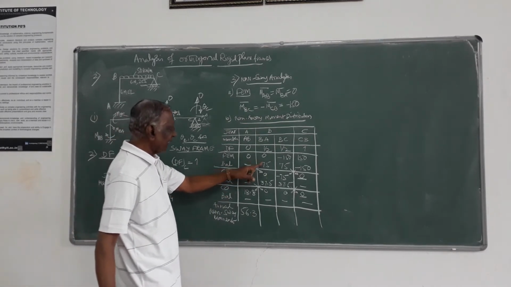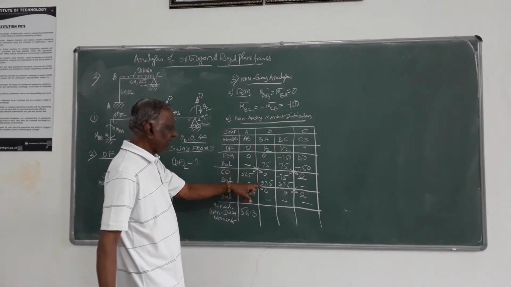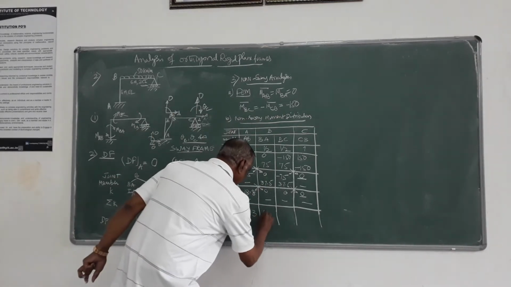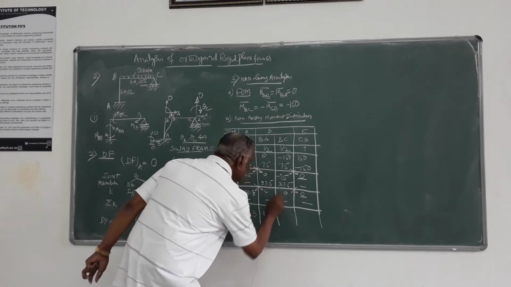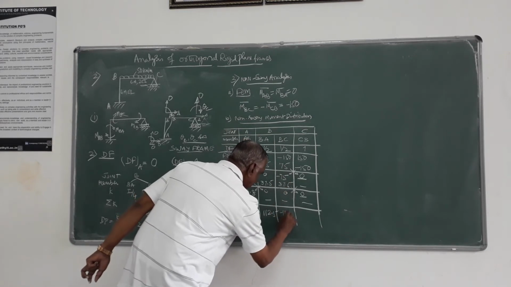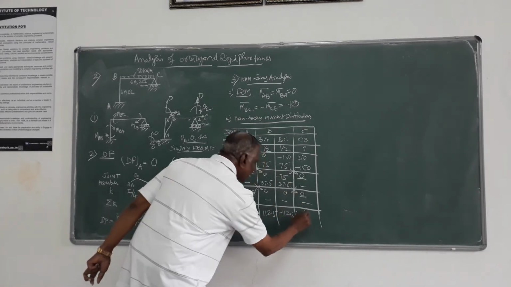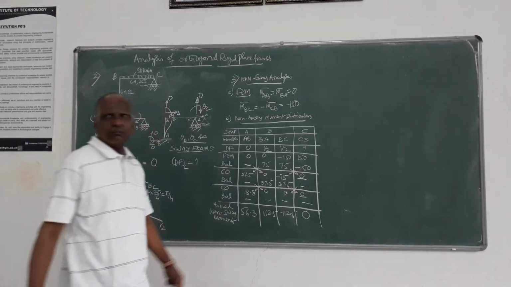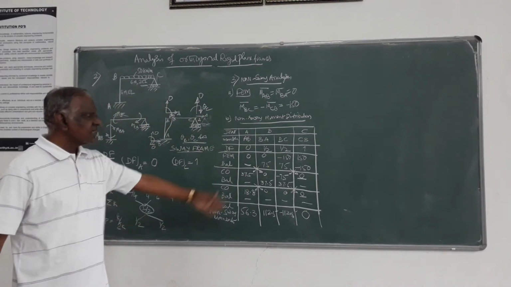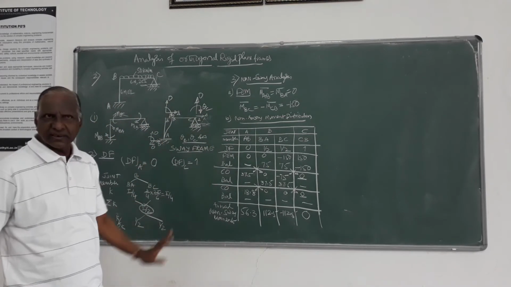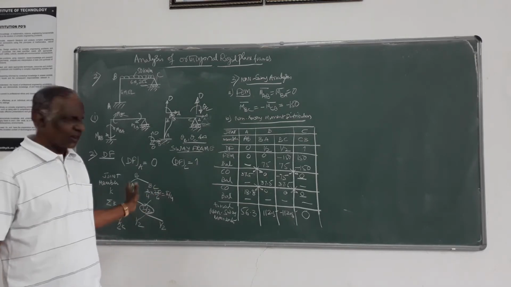Then 75 plus 37.5, it is 112.5. Here it has to be minus 112.5. Here it has to be 0. So this is non-sway analysis, which is done.